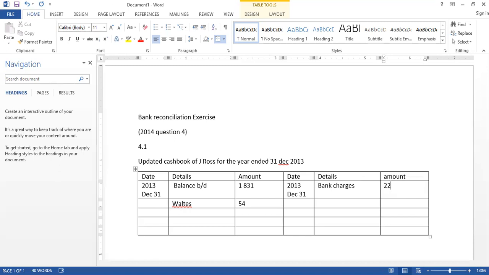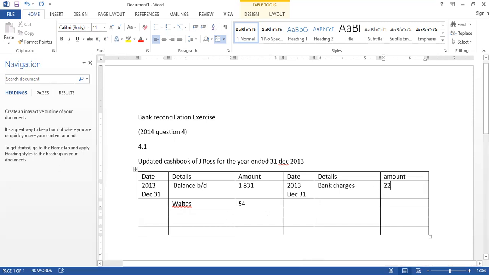Now, looking at this information that you are given, we do not even have any additional information. Sometimes you can be given additional information, and therefore, when you are given additional information, make sure that you also make use of it. Now, in this case, there is no additional information, so we are done with our cash book. That's the only missing amounts that were not recorded.